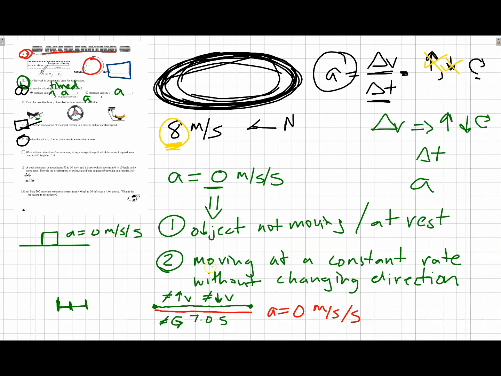So we could shorten this up to say that this is something moving with constant velocity. And this velocity, not meaning speed, velocity as a vector, meaning no changes in direction. So an acceleration of 0 means something's not moving, like you probably thought of before you came to physics. But also we need to recognize that it could be an object moving, but with a constant velocity.